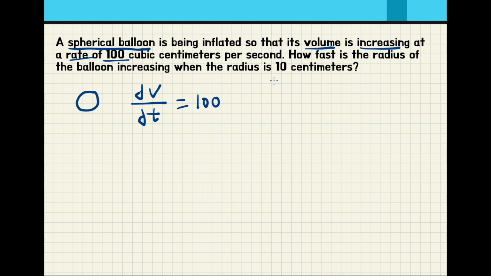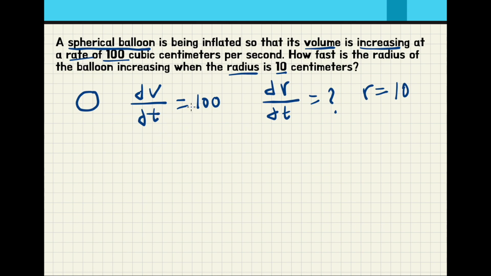It's essentially the same thing. So you can say the derivative of radius, r is radius, with respect to time, is equal to, we're solving for it. And it ends by saying when the radius is 10 centimeters. So you can say r is equal to 10.